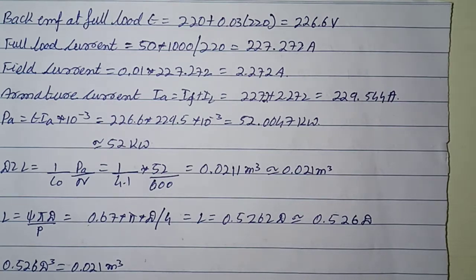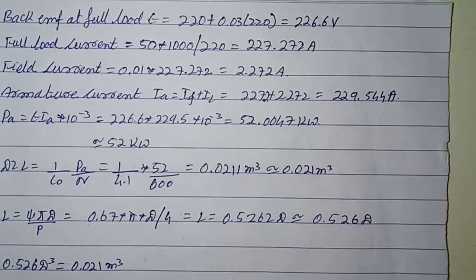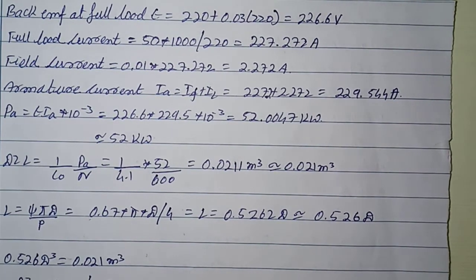Armature current is IL plus IF, so 227.272 plus 2.272, which is 229.544 ampere. The power developed is E into Ia into 10 raised to minus 3 kilowatt, so 226.6 into 229.5 into 10 raised to minus 3, which is 52.0047 kilowatt, approximated to 52 kilowatt.